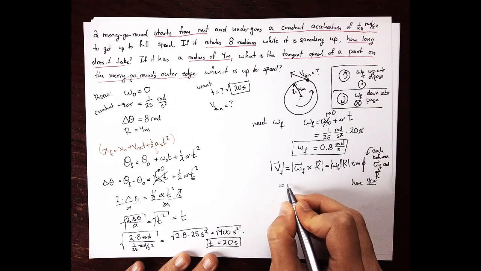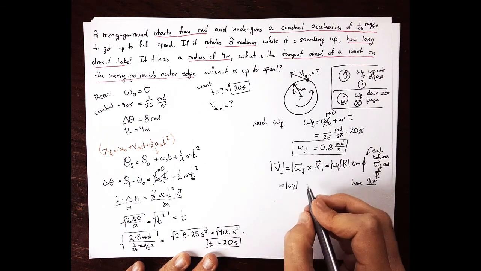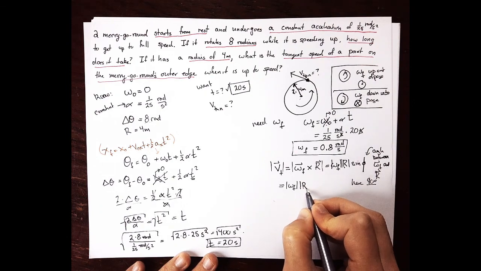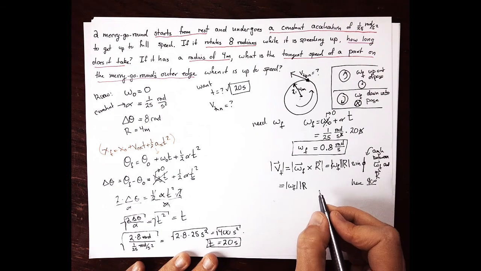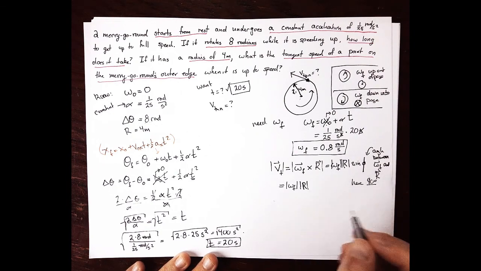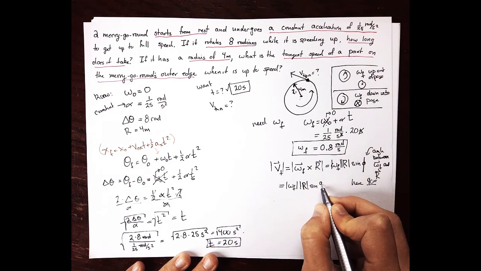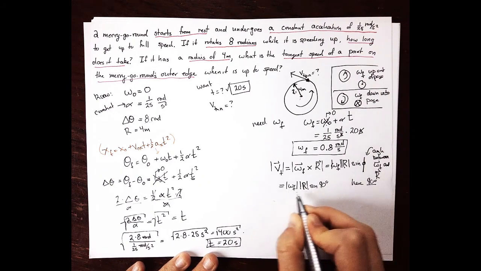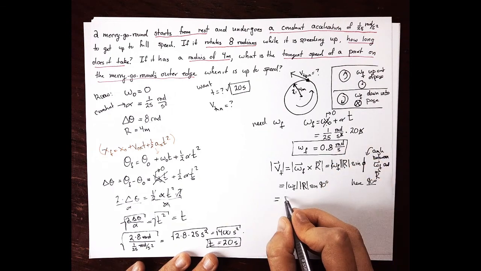So this is going to be the magnitude of the final angular velocity times the magnitude of the distance from the center to the point we're interested in. Here, that's the radius of the full merry-go-round, times sine of 90 degrees, because these two vectors are perpendicular to each other. And we can just plug in what we know.